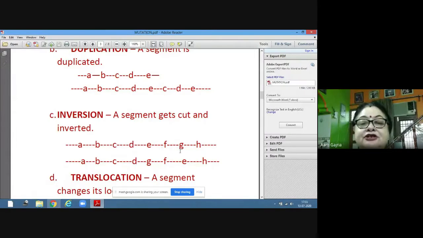So what happened? G will come here in the place of E. F is here only, and E will come here. So now the resultant sequence would be A, B, C, D, G, F, E, H. So again the information is changed. This is because of the inversion.